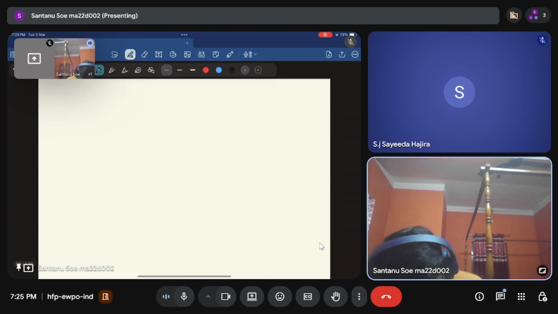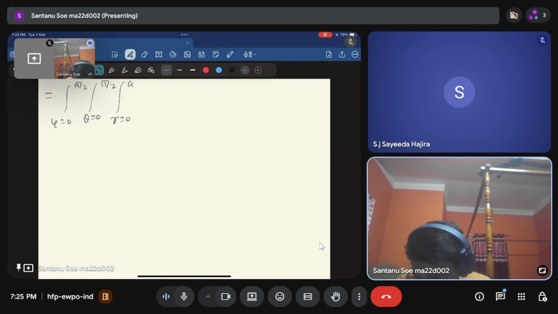So this is gonna be simply phi equals 0 to pi by 2, theta equals 0 to pi by 2, r equals 0 to a, and then this is gonna be r to the power 7 cos theta sin theta, and then sine cube of phi cos of phi, and then dr d theta and d phi.